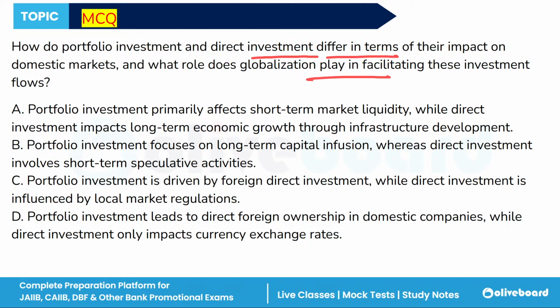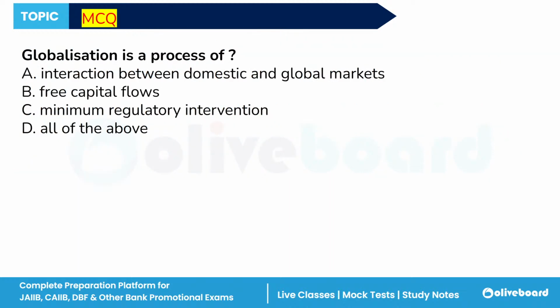The correct option is option A, because portfolio investment affects short-term market liquidity, while direct investment impacts long-term economic growth through infrastructure development. Globalization, as I told you, means free capital flows, interaction between domestic and global markets, and minimum regulatory intervention. So option D is correct here: all of the options are correct.